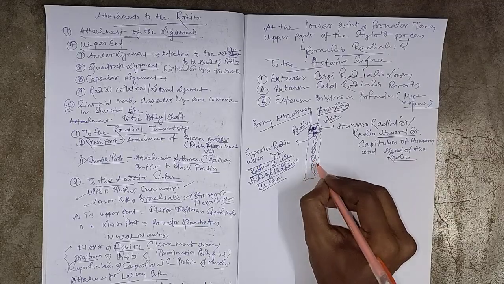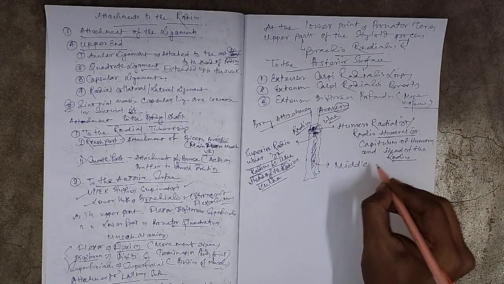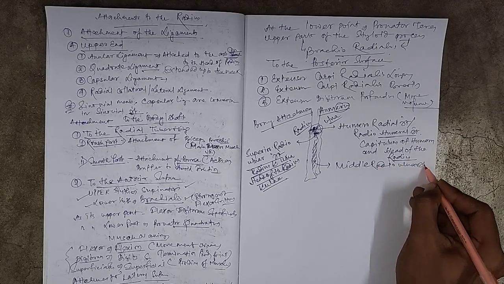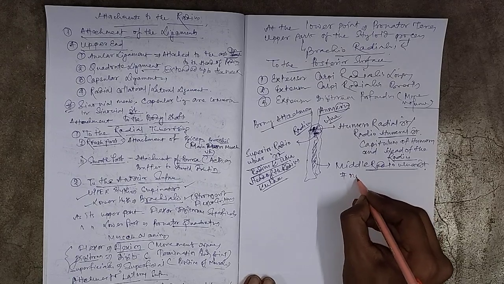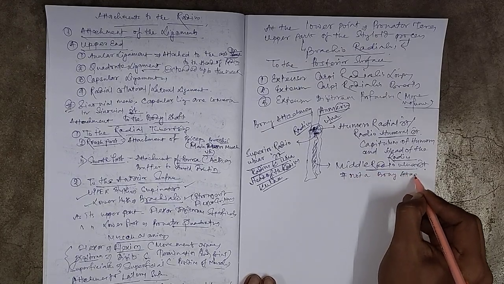Now this is the middle radioulnar joint.